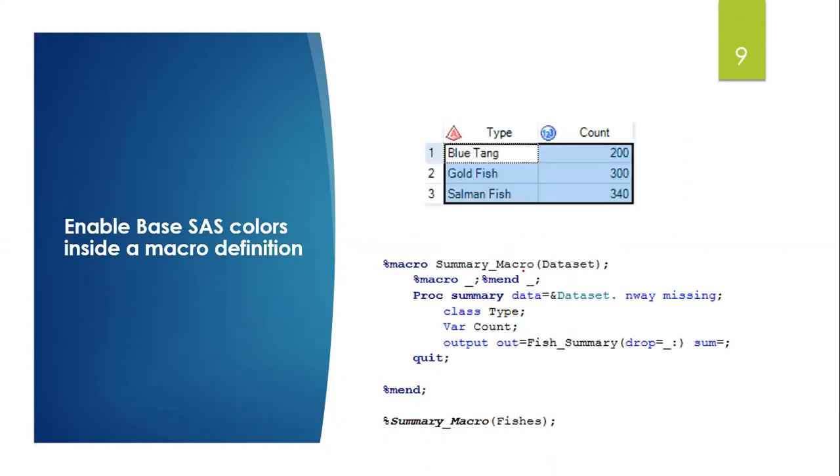This is the thing here. Everything is the same except this piece of code, which enables the colors inside a macro definition. We're just writing macro underscore and ending that macro here. That's it. It's not going to affect any performance or make any changes to anything.